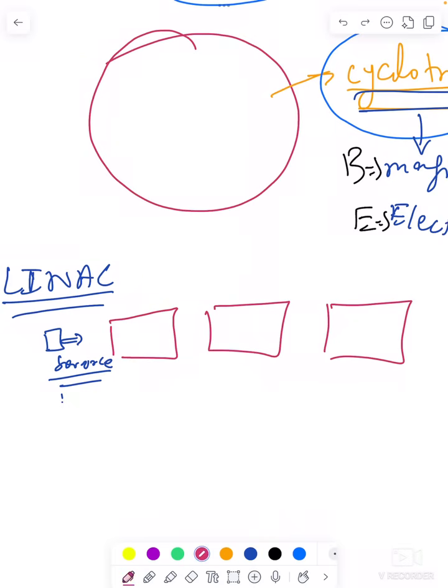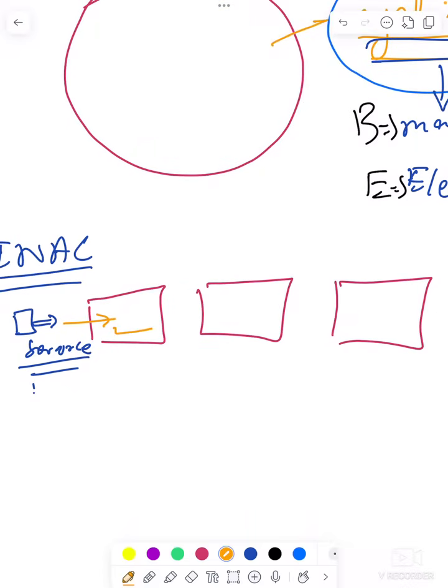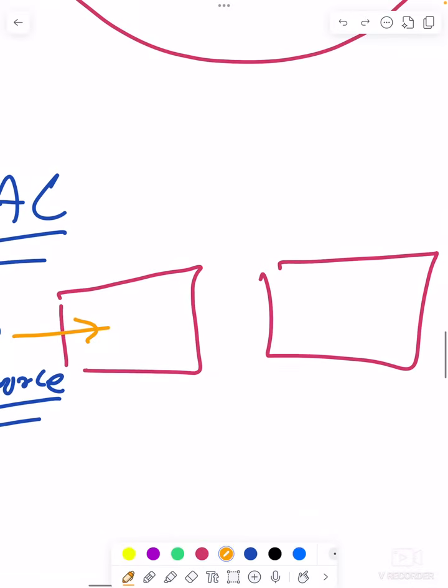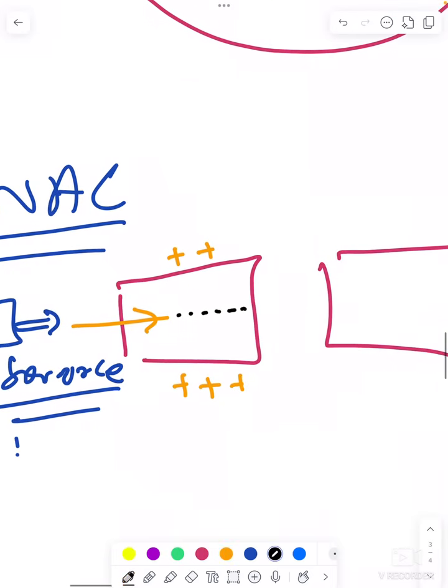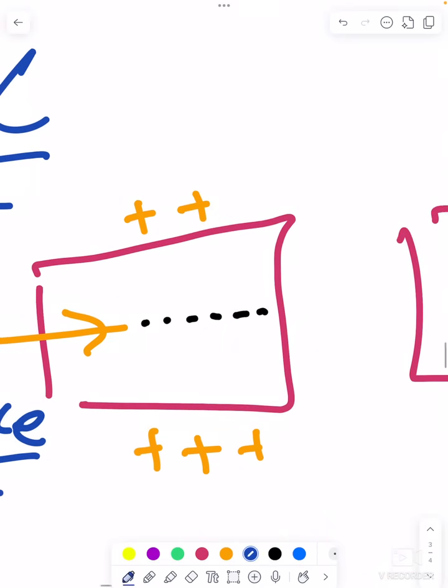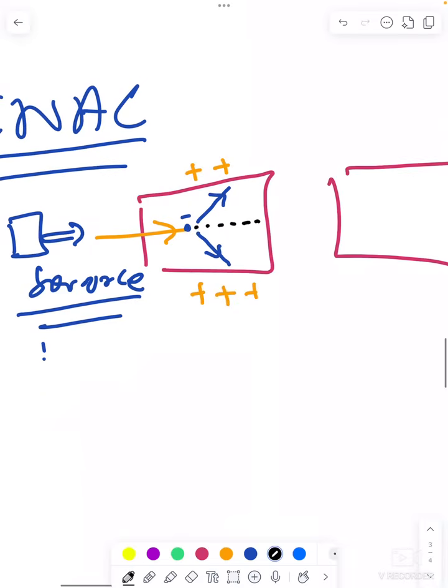While it's traveling in the tube, it's being acted upon by the electric field. Let's suppose this is a negative particle, so it will be attracted towards the top and the bottom, right?